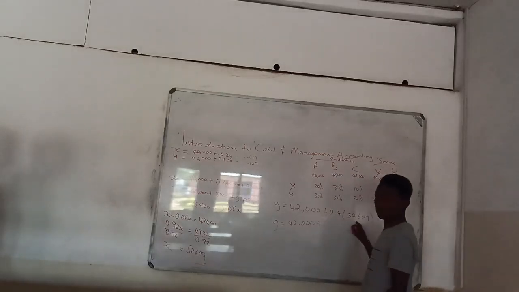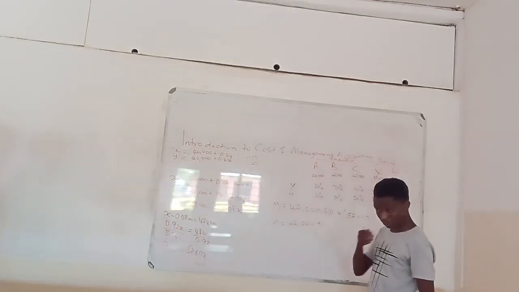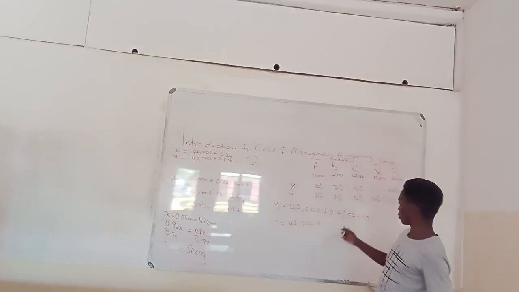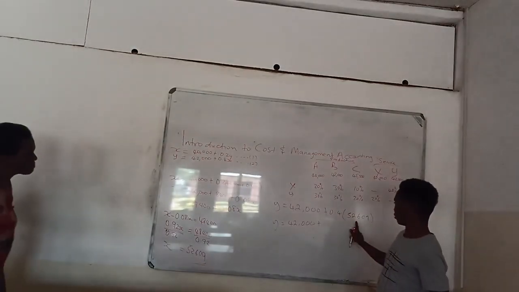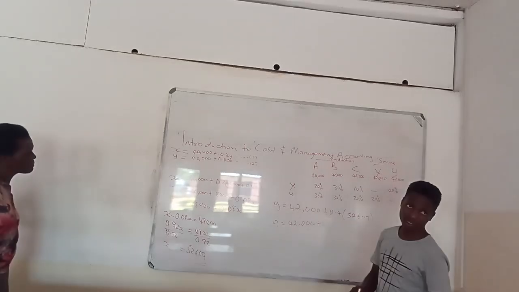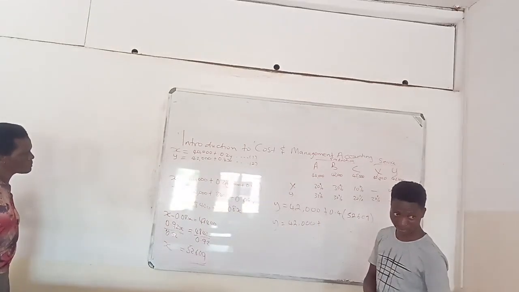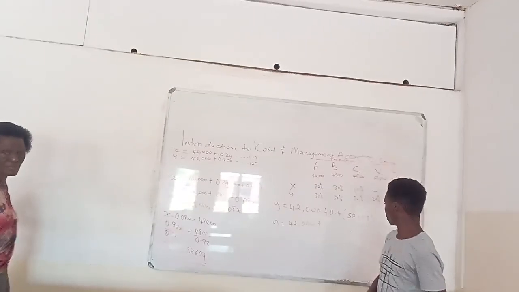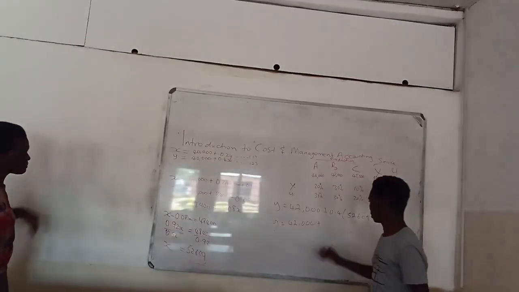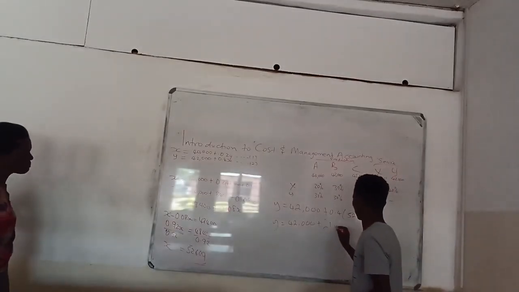0.4 times 5, 2. 0.4 times this now. 22,609. It's 21,000. 21,043.6, 0.4, 3.4, 3. What year? I need 0.6.